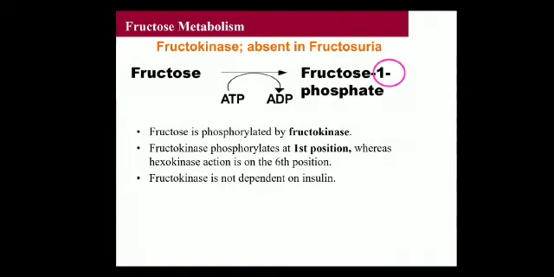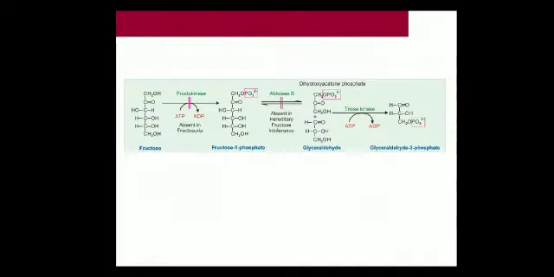When this is deficient, fructose will accumulate, as in fructosuria. Fructokinase is not dependent on insulin. Here you can observe the reactions where fructose is metabolized. First, fructose is converted to fructose 1-phosphate, fructose 1-phosphate to glyceraldehyde, glyceraldehyde to glyceraldehyde 3-phosphate.